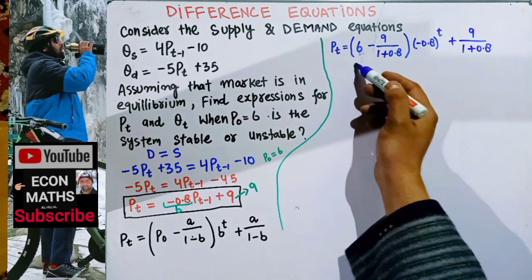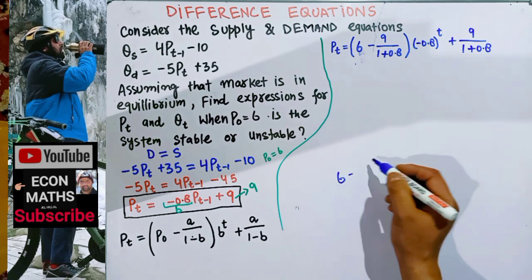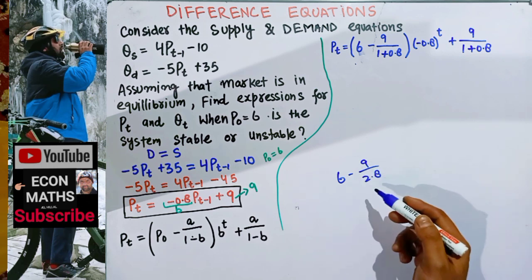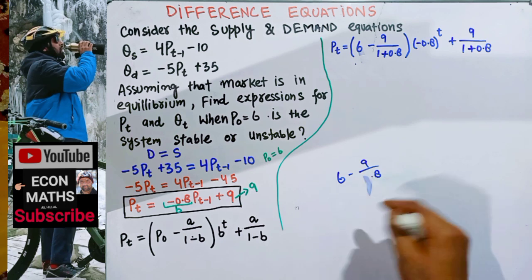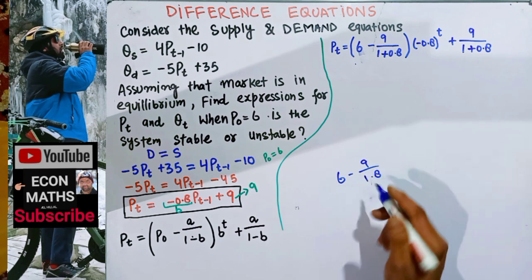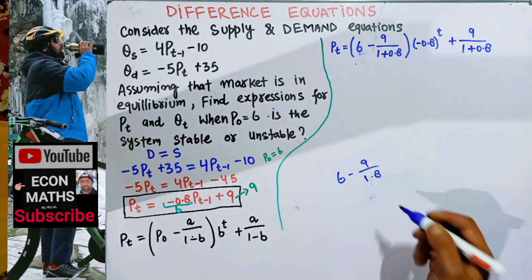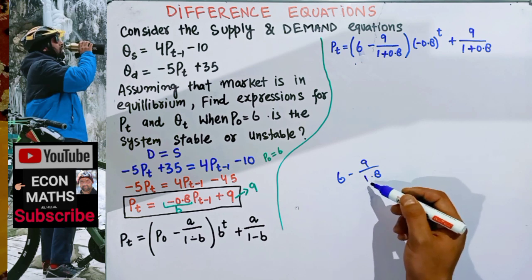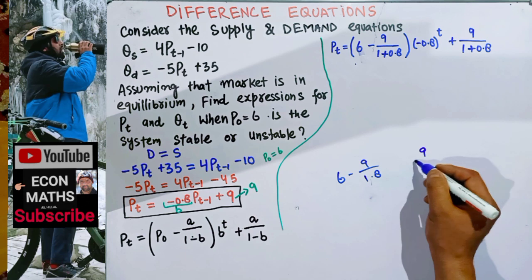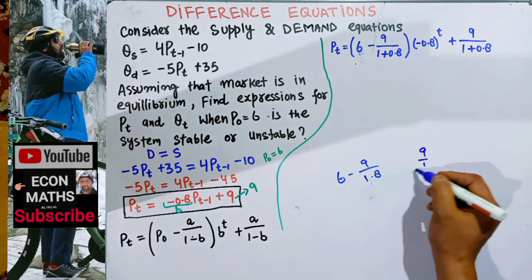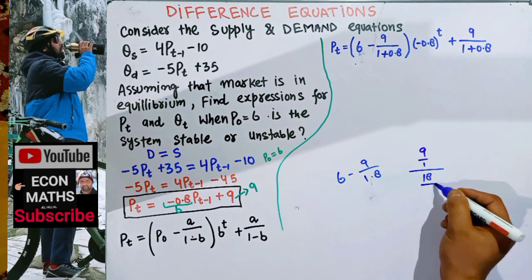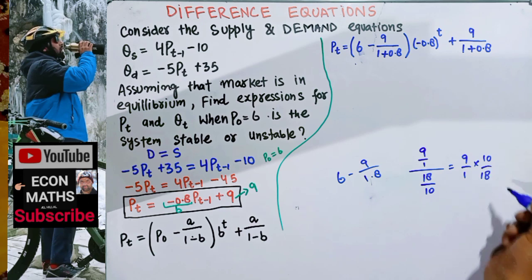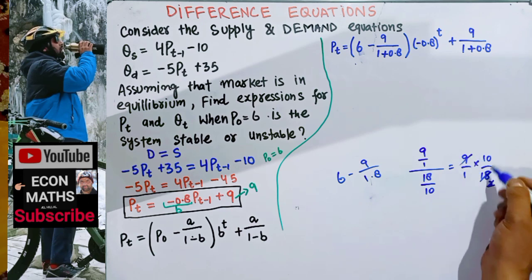Okay, so what is this term? It is 6 minus 9 divided by 1.8. 9 divided by 1.8 is 9 times 10 upon 18. 9 ones are 9, twos are 2, ones are 2, fives are 5.